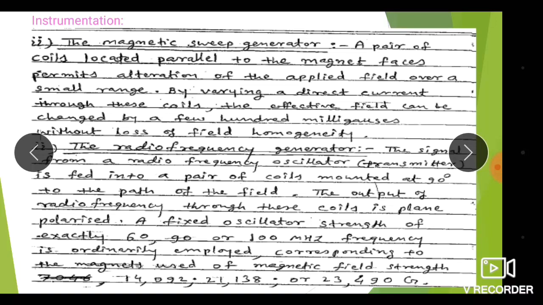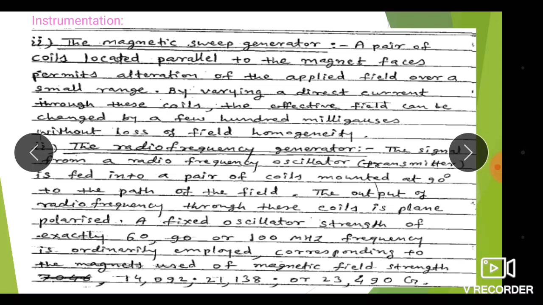So the radio frequency generator: the signal from a radio frequency oscillator transmitter is fed into a pair of coils mounted at 90 degrees to the path of the field. The output of the radio frequency through these coils is plane polarized.